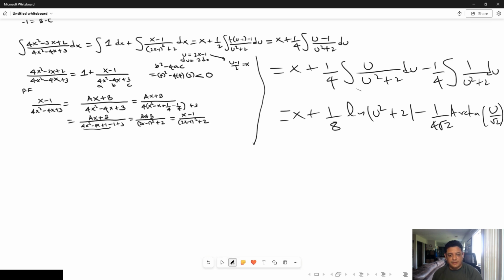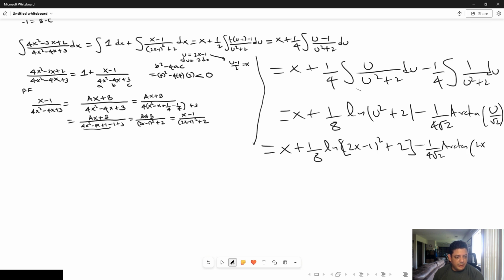And then, of course, getting back to the original variable, this is x plus 1/8 log of 2x minus 1 squared plus 2 minus 1/4 square root of 2 arctangent of 2x minus 1 over square root of 2, and then plus c.